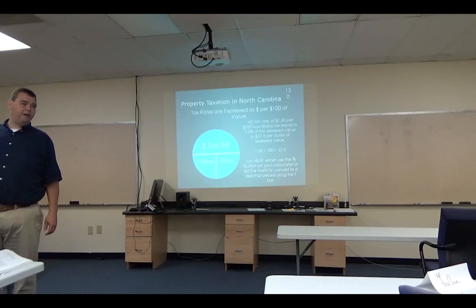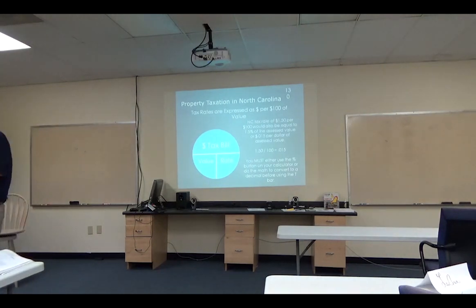Does that make sense for everybody? Now the only catch is, on most calculators, when you press the percent button, you don't also need to press the equals button. The percent button takes care of equals for you. So if you do $300,000 times 1.5%, as soon as you hit the percent button, it's going to throw the answer up there. If you hit the equals button, it's going to do it again. It runs it for a second time. So just know that about calculators and the percent button.